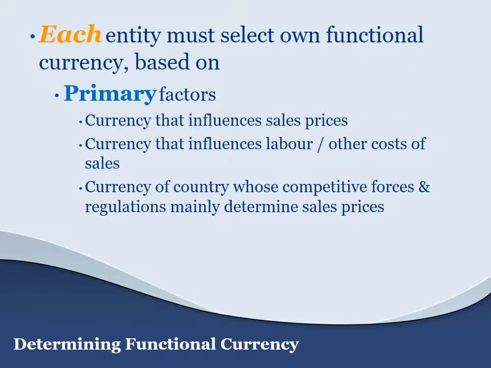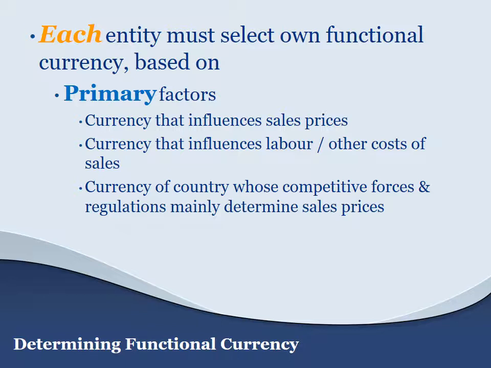An organization is required to select its own functional currency based on what are called primary factors, and we also have secondary factors that must be taken into consideration in deciding which way to go.